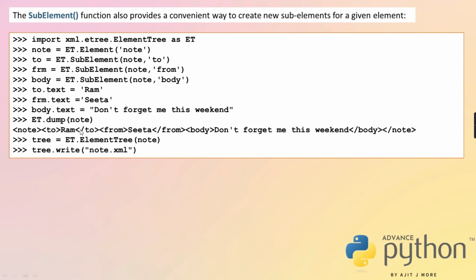Getting it? But instead of this, you can do it by the append method also. See, here instead of SubElement, I could have done it by append. And append to whom? That root. Clear? I hope you're understanding. So this way also you can do.